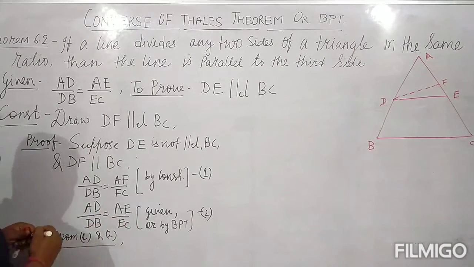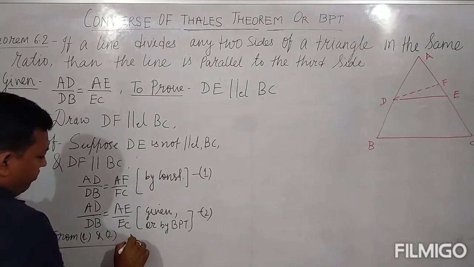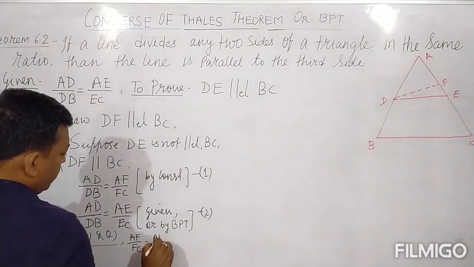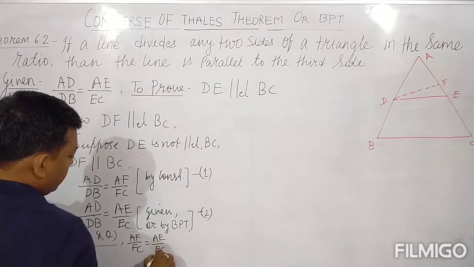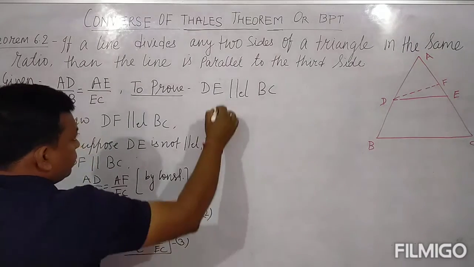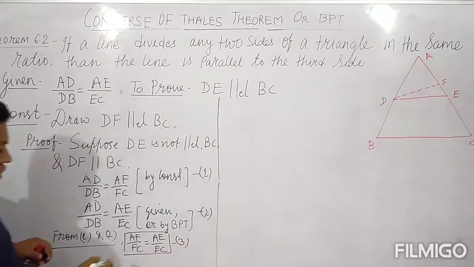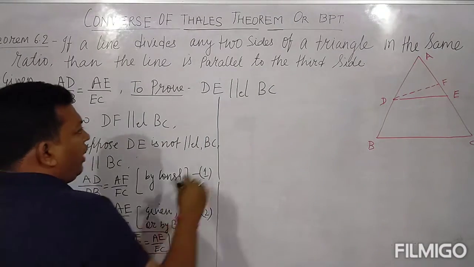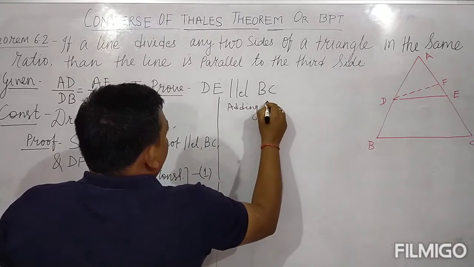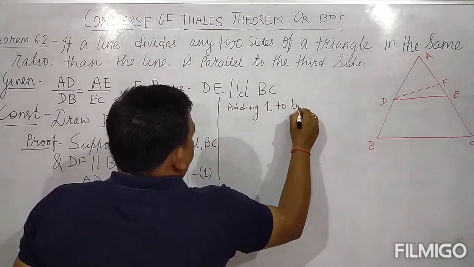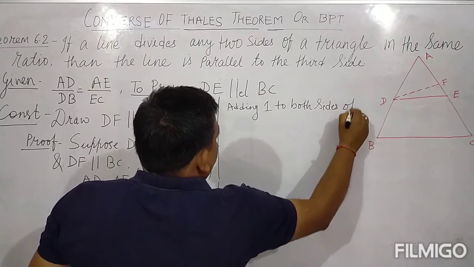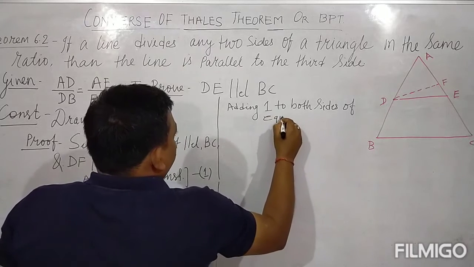So from 1 and 2 we can write that AF by FC equals to AE by EC. Let this relation be 3. This is relation 3. Now adding 1 to both sides of equation 3.